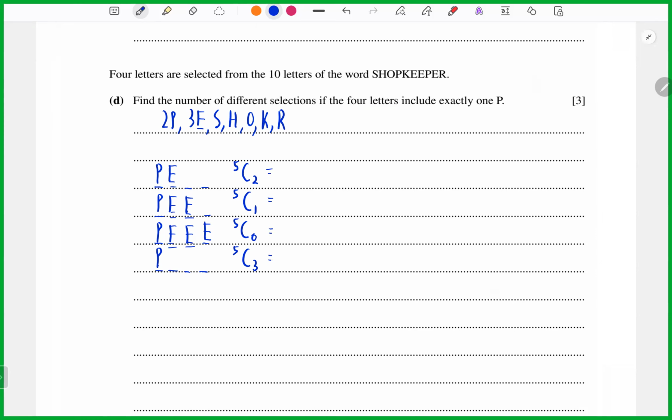So 5C2 equals to 10, 5C1 equals to 5, 5C0 equals to 1, 5C3 equals to 10. So the total number of selections equals to 26. We already finished this paper today.